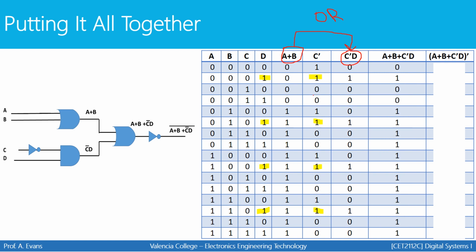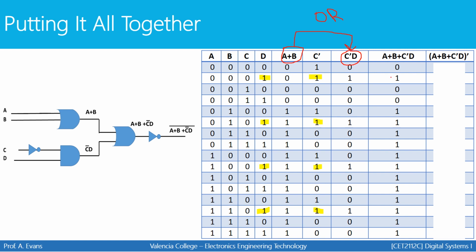So when I look at the output of the second OR gate, I can see that all of these 1s here dictate that the output will be 1 here. And then I really only have 4 rows to consider otherwise. Well, in these 4 rows, these are all 0s, so I'm not going to get a 1 from this column, but I am getting a 1 from right here. 0 or 1 is 1.